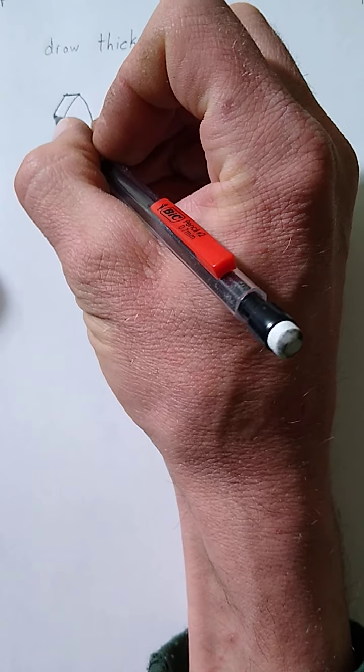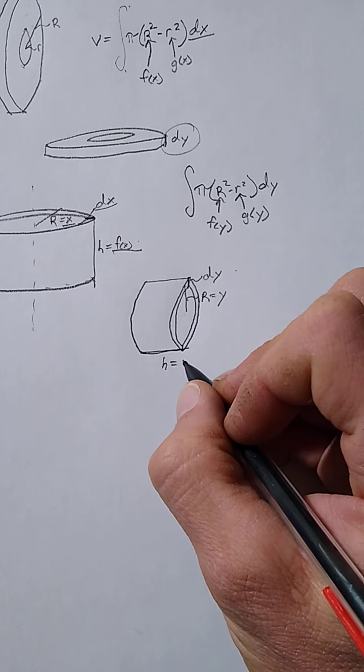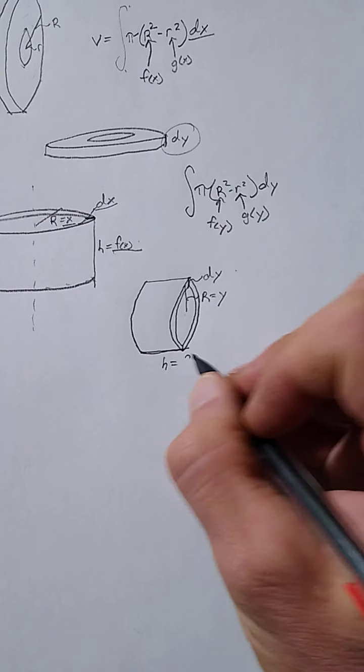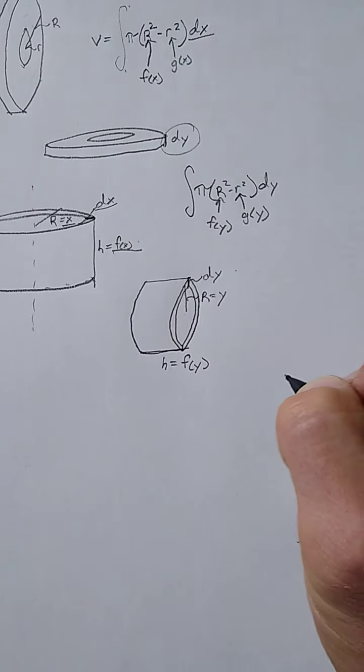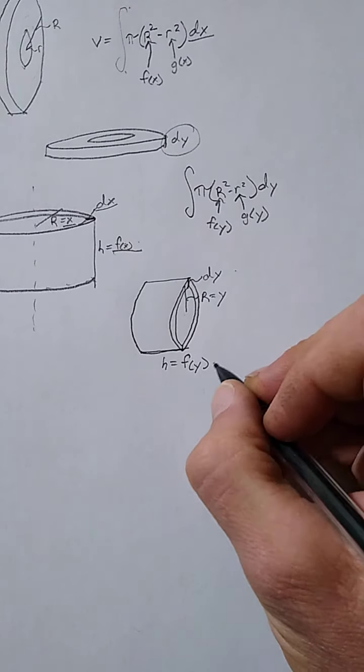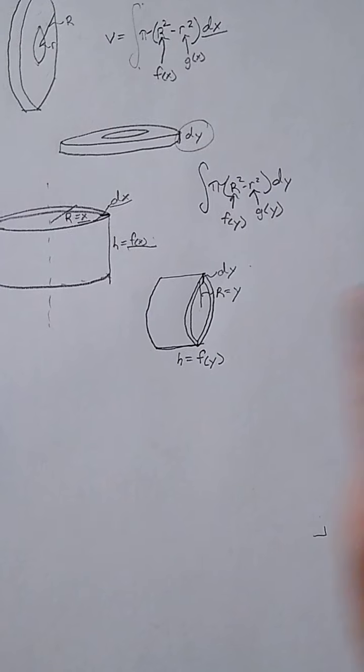So my radius, r, will probably just be something like y, or y minus something, because it's not reflected around the x-axis. And our height, h, is probably going to be some f of y, or maybe an f of y minus a g of y. Okay, so I hope that helps a little bit with drawing thickness.